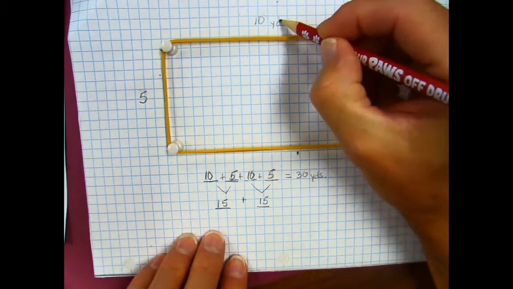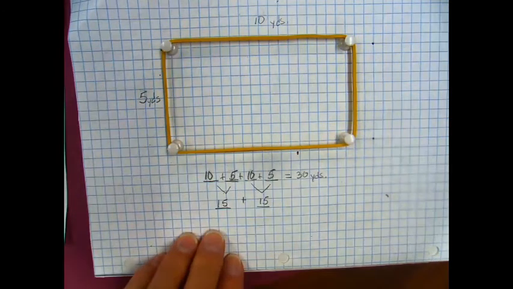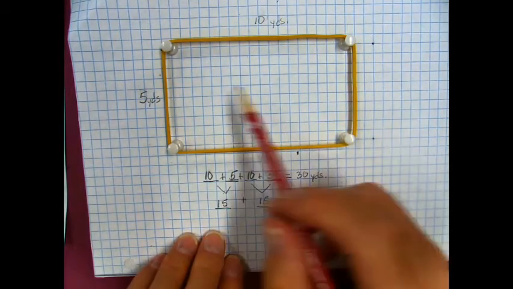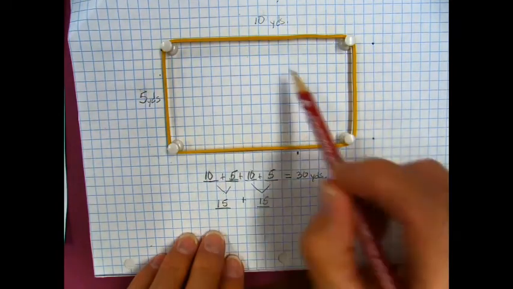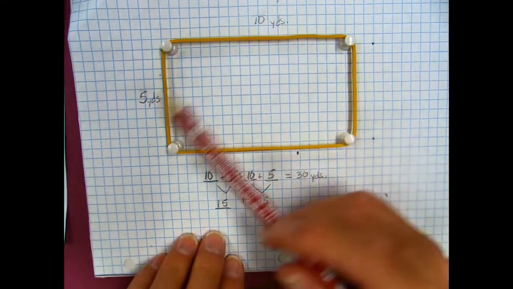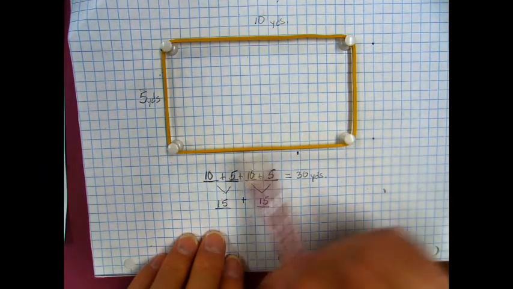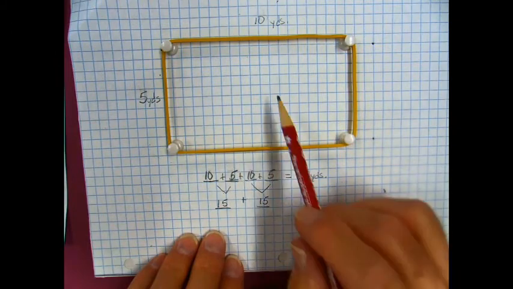And now I have to figure out what my square footage is going to be in that. And that's relatively easy, because I know how to multiply my 5s, and I know how to multiply my 10. And that's going to tell me how many square yards are inside my area.